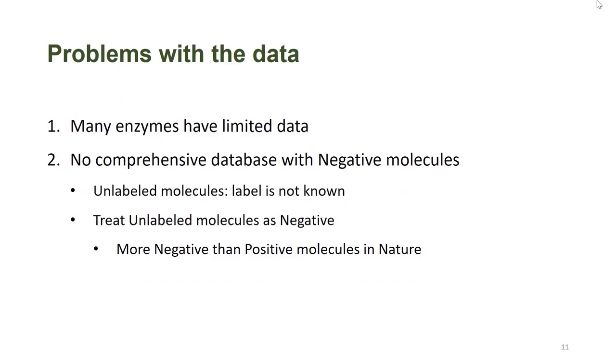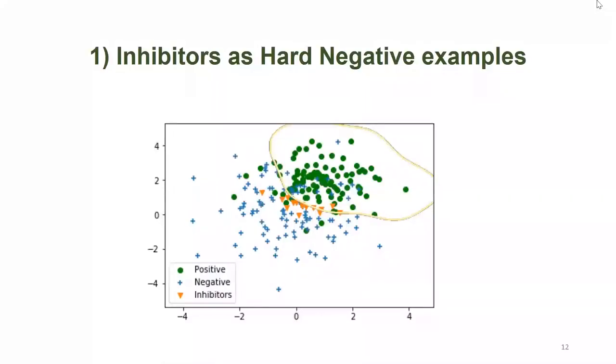So we developed three contributions in order to tackle these problems, and I will briefly explain all of them. The first of them is that we integrated the use of inhibitors in our training. Inhibitors are a special class of molecules that bind with enzymes, like the positives do, but no transformation happens.